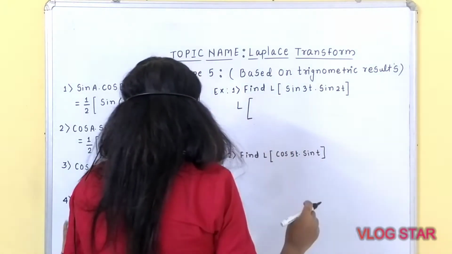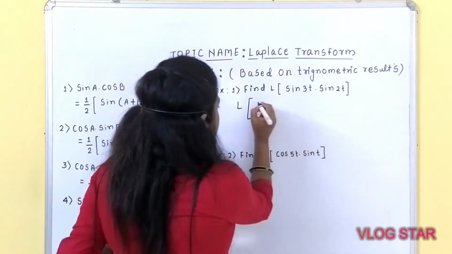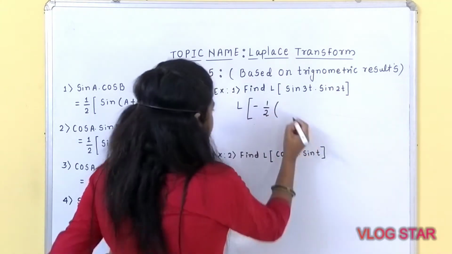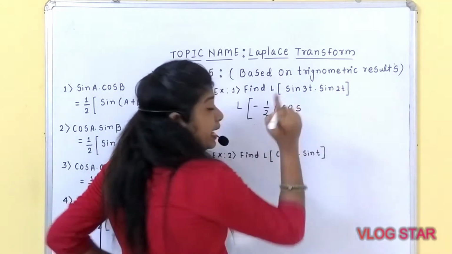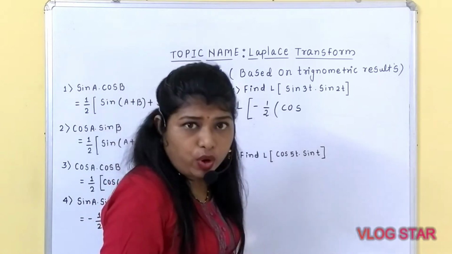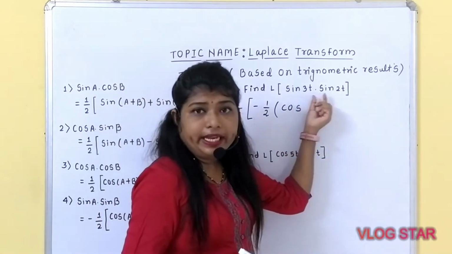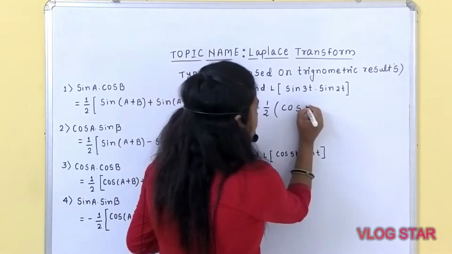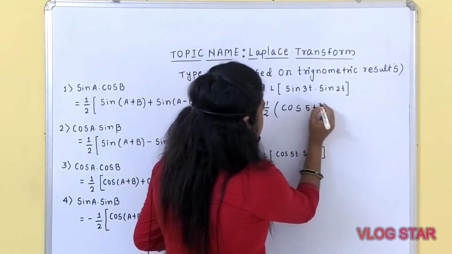So how are you going to find the Laplace transform of this? Laplace of sin A into sin B is equal to minus 1 upon 2 inside the bracket cos of A plus B. As I told you, A is 3t, B is 2t. So what is A plus B? Cos of 5t.